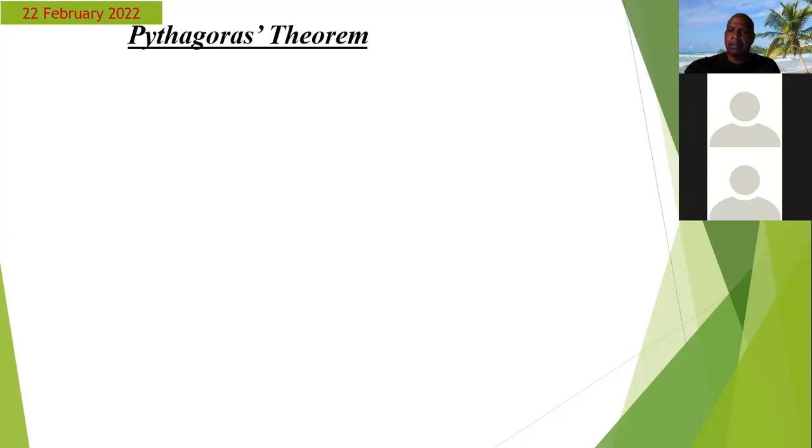And Mr. Lamar was about to share the theorem with us. Do you want to share what Pythagoras' theorem is, Mr. Lamar? Sure. The theorem formula is c squared equals a squared plus b squared.